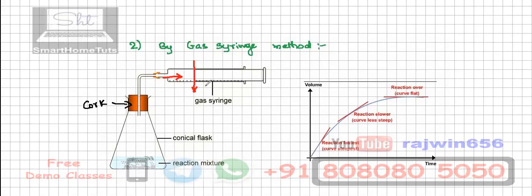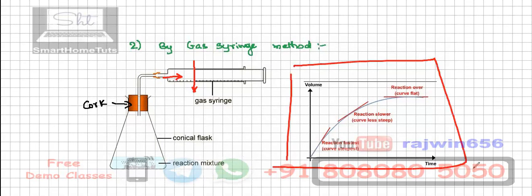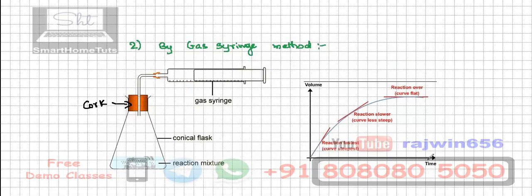okay, and it is going to push in this direction. After every certain time interval, say for every 30 seconds, we are going to record the volume of the gas that is produced. The graph of the volume of the gas that is produced is plotted on the right hand side. Okay, so you can see as the reaction is proceeding with respect to time, the volume of the gas is increasing.